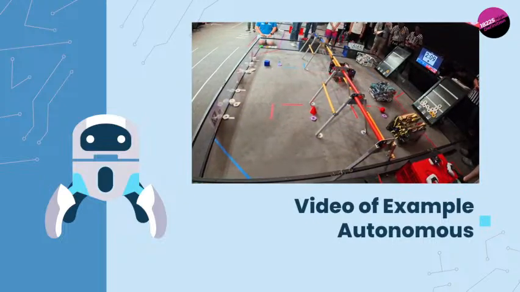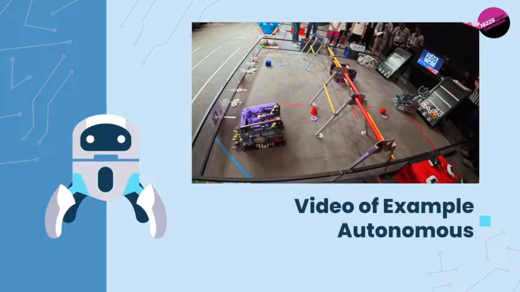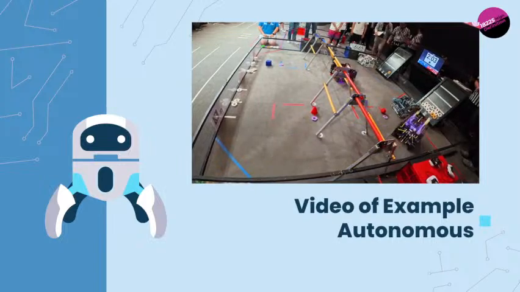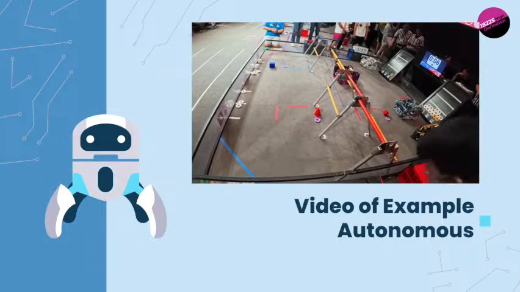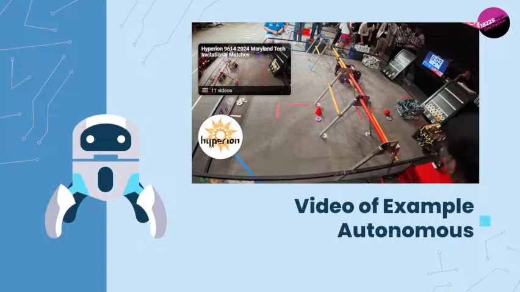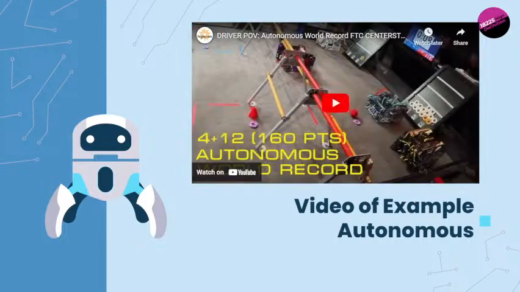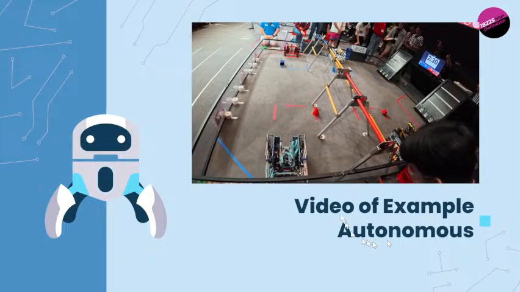This is one of the world's best teams, called Hyperion, on the very bottom. As you can see, that was 30 seconds, and now the drivers are picking up their controllers at the bottom.